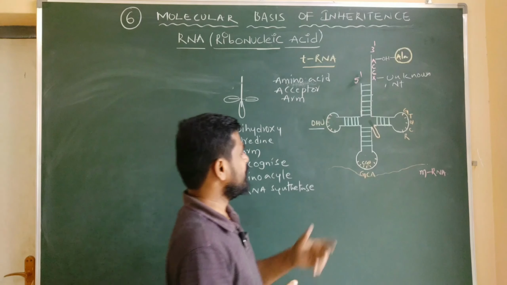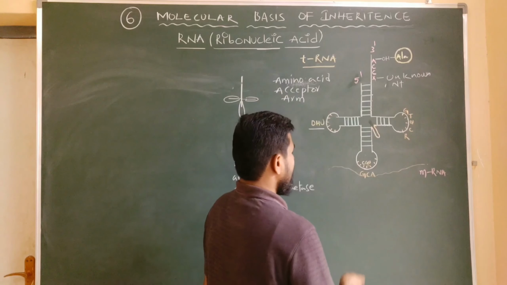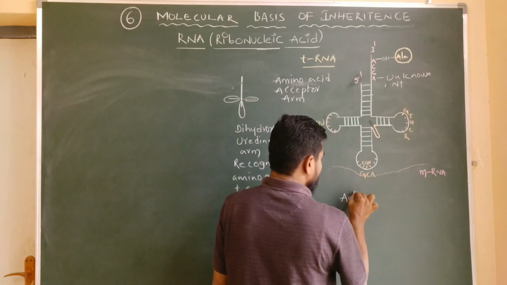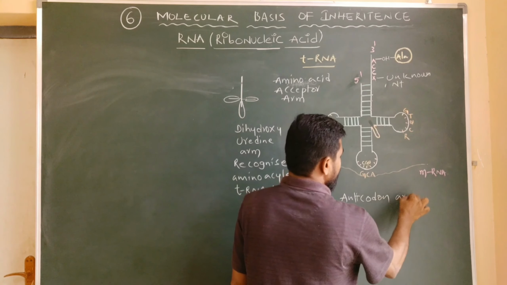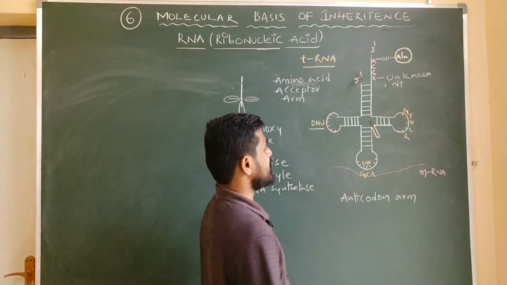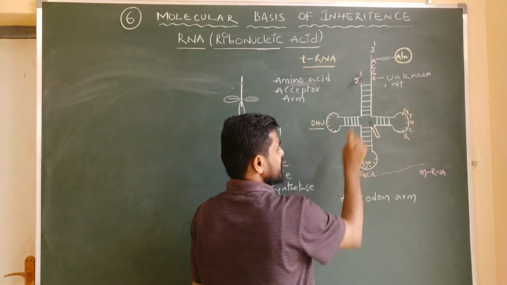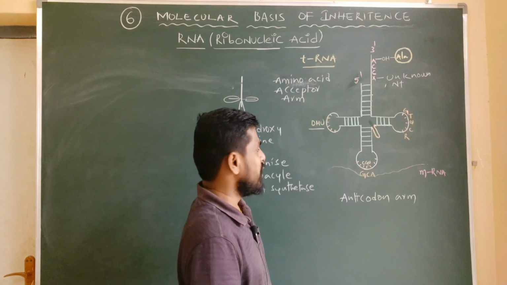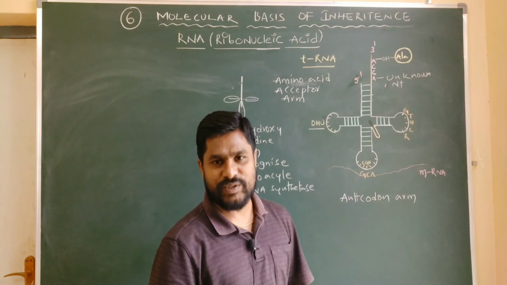And the third one is the anticodon arm. This anticodon arm consists of a stem region and a loop region. The stem region consists of 5 base pairs, whereas the loop region consists of 7 unpaired nucleotides.